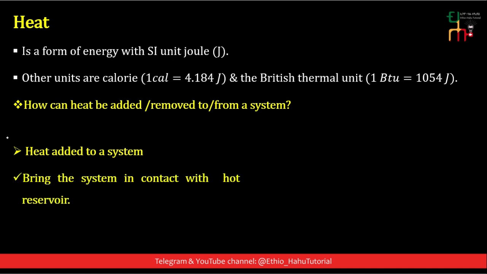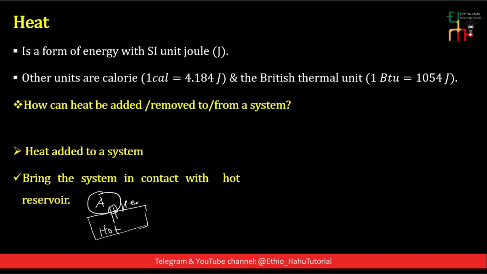Let's consider system A. In order to add heat, the system has to be in contact with another system of higher temperature. This is the hot reservoir. From this hot reservoir, thermal energy will be added to the system.